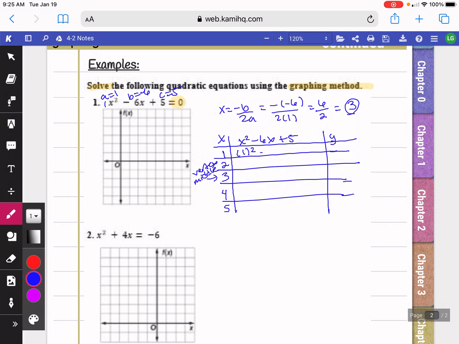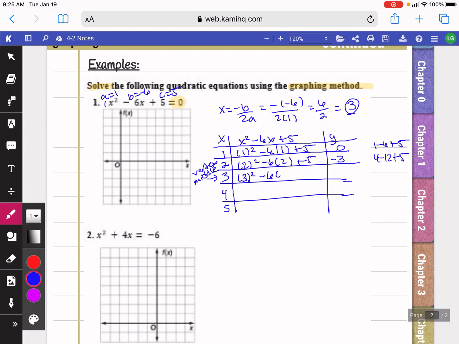So all these numbers I'm going to plug in for x to get my y values. So here I get 1 minus 6 plus 5, which is 0. Next I'm going to plug in 2. If I work that out, I get 4 minus 12 plus 5, which is negative 3.